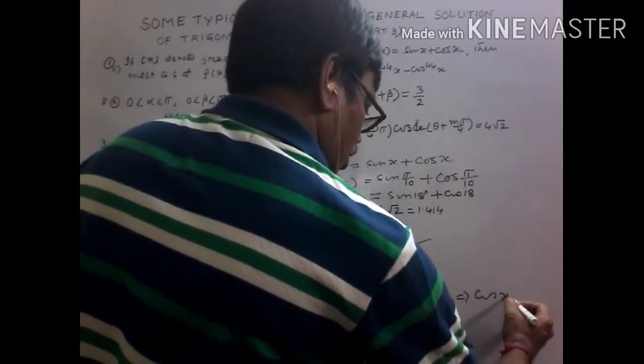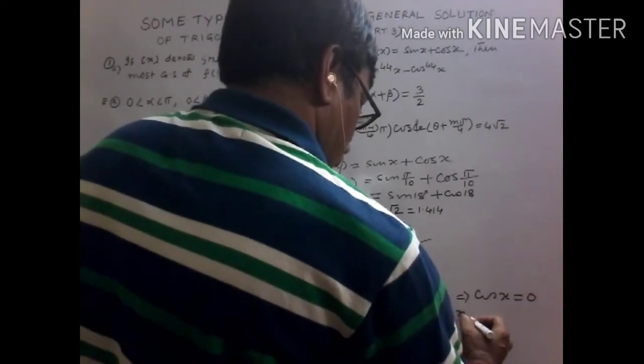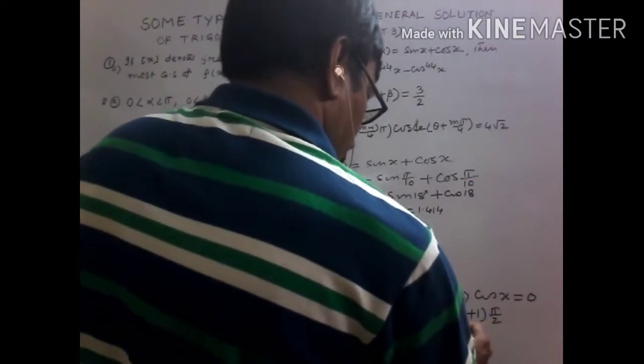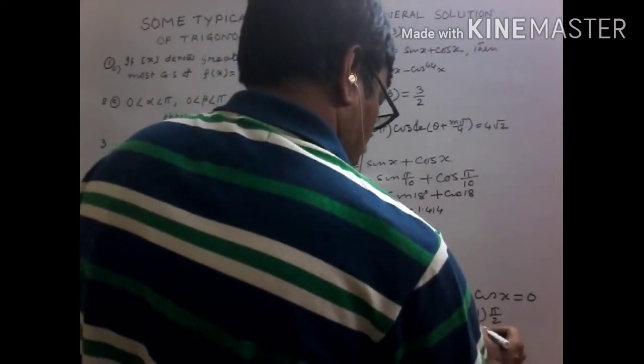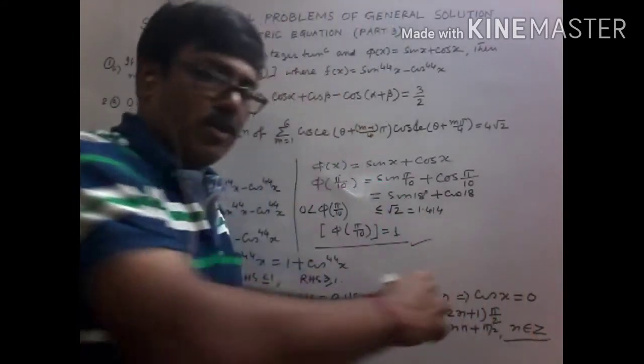So cos x equals 0. So x equals (2n plus 1) pi/2, that is n pi plus pi/2, where n obviously belongs to Z.